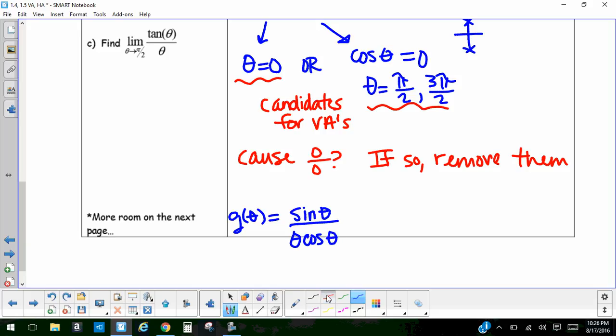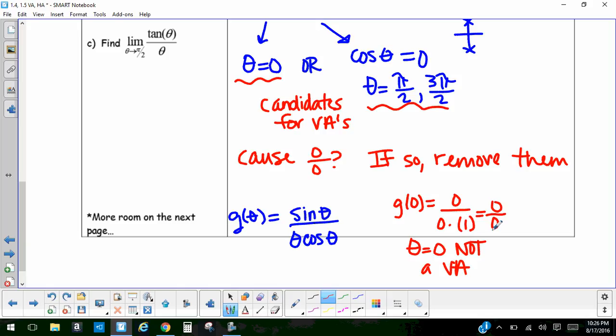And I can just check, what is g of 0? Well, sine of 0 is 0. And then theta on the bottom being 0 times cosine of 0 is 1. This is a problem. I get 0 over 0. That means theta equals 0 is not a VA because I got 0 over 0.